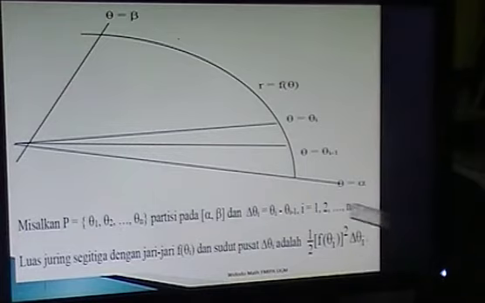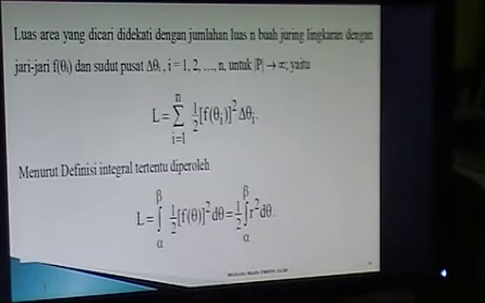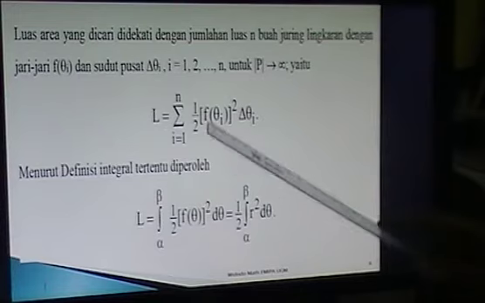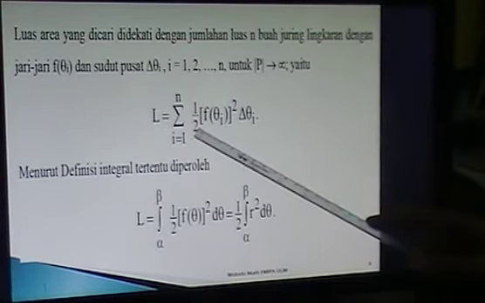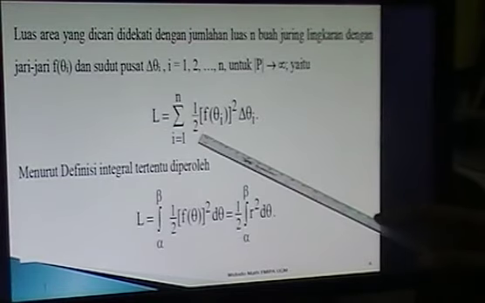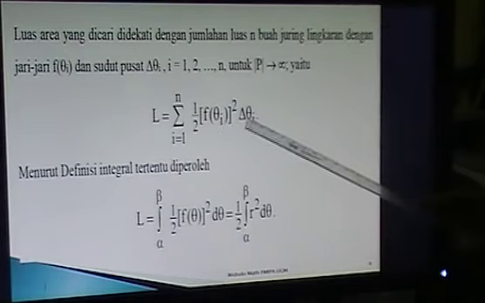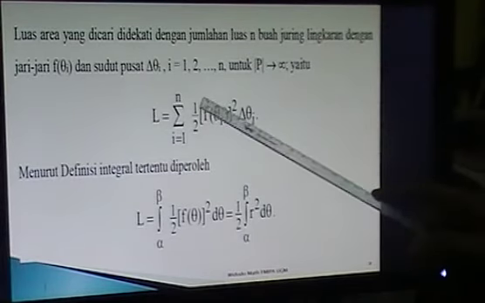And how many of this expression do we have in our partition? We have n, because i goes from 1, 2, 3 until n. And if we take these together and make it a sigma, we have the sum of 1/2 f theta i square delta theta i from 1 until n.